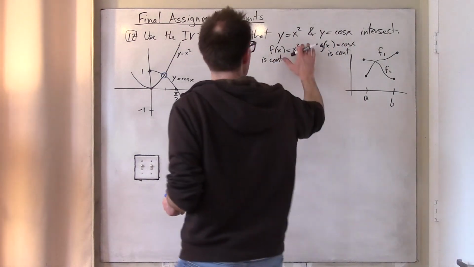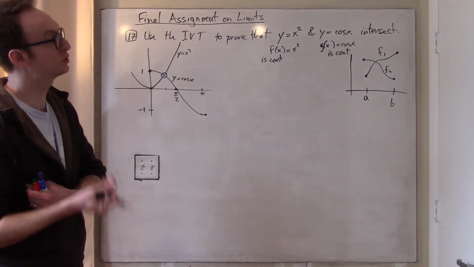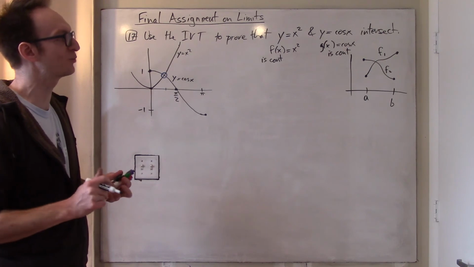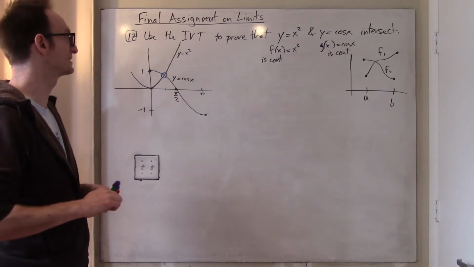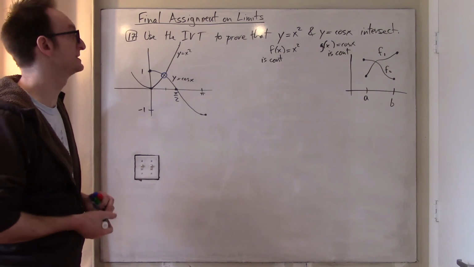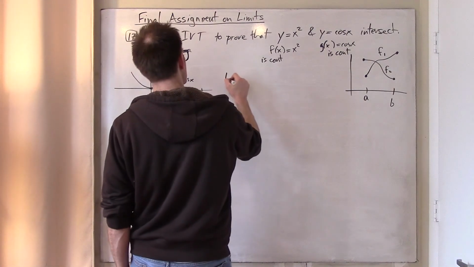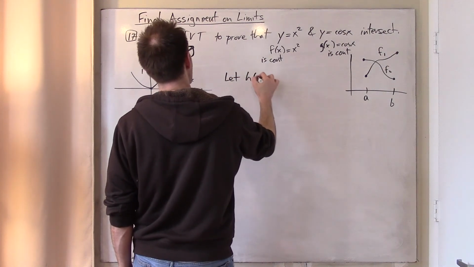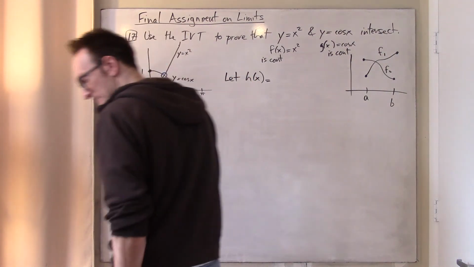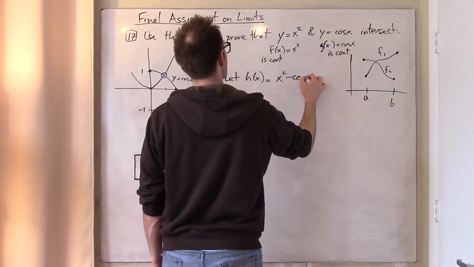And the way you do it is with this kind of trick. The trick is to show that the function representing the difference of these two functions has to be 0 somewhere. So we create a new function h, and let h(x) be, on my paper I said, x squared minus cosine x.